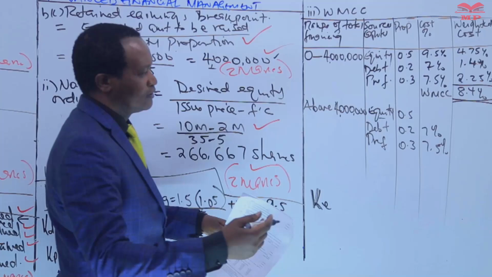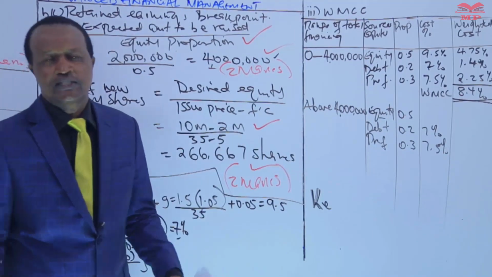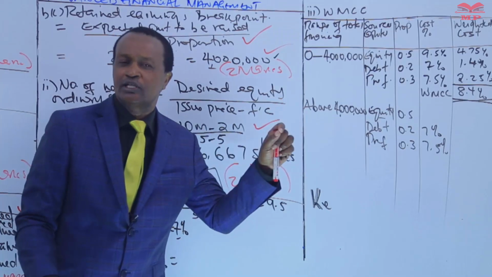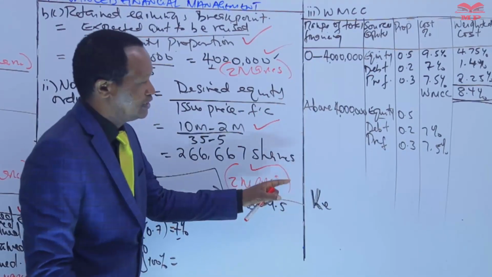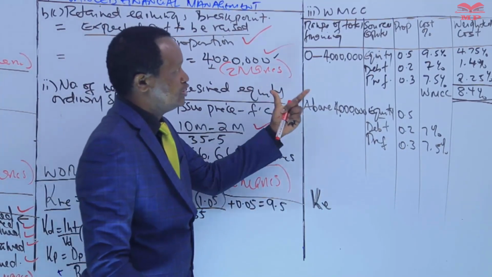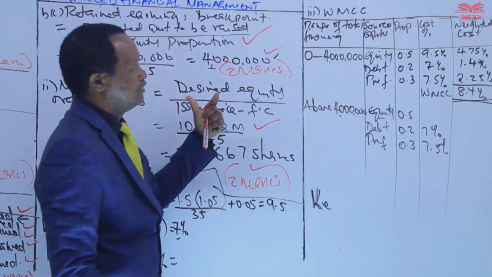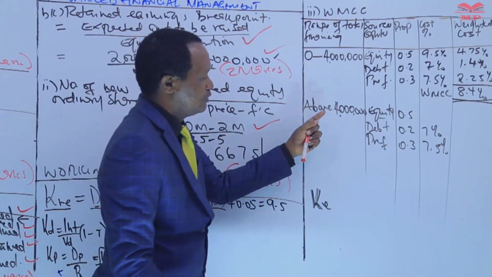Don't postpone to understand. You know, it's very easy for you to come to this class and postpone, and you have divided attention. Just pay attention to what we are saying, and you'll get the understanding of when we say range of total financing, range between 0 to 4 million, the range above 4 million.